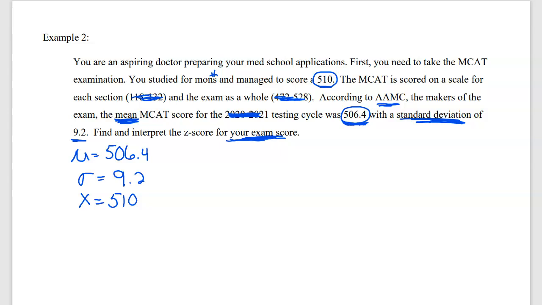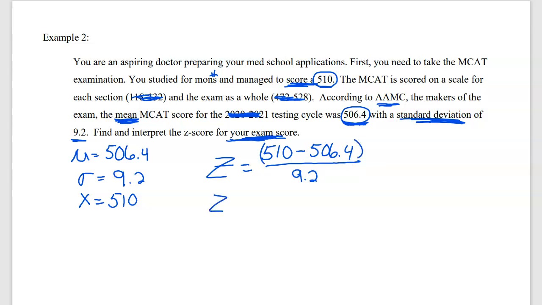And so you have to kind of look at, okay, here's my score. Then we're going to calculate the z-score for this. Your score minus the mean score divided by the standard deviation. Again, you can put this in your calculator all at once. Make sure you put parentheses around it.